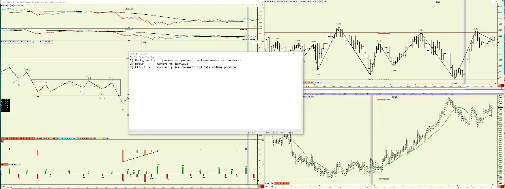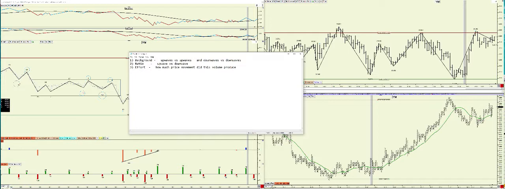You're not really supposed to do it to the prior down wave. It won't make sense, and it'll be very confusing if you do. So it's better to just do it up wave versus the next down wave in an uptrend. In a downtrend, you compare the down wave to the next up wave.